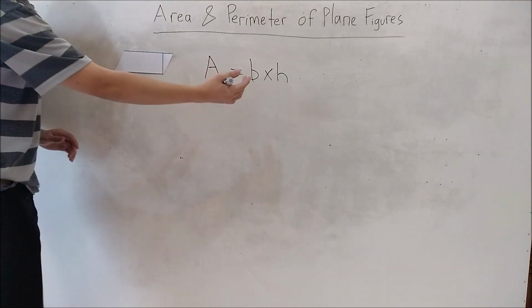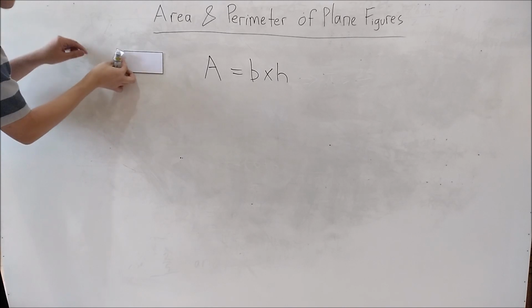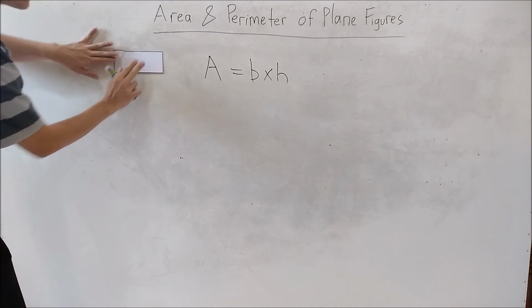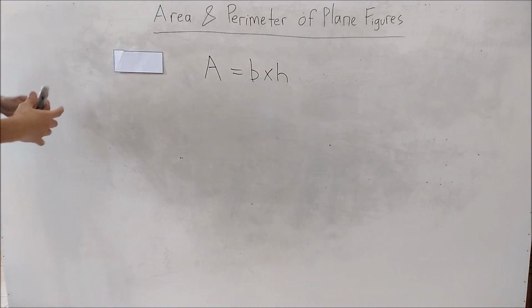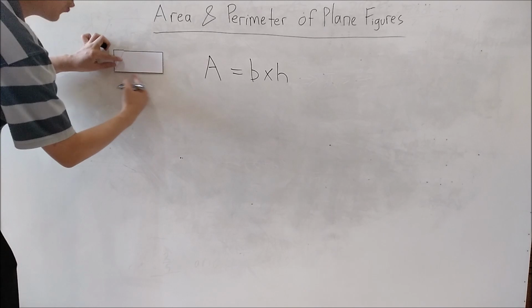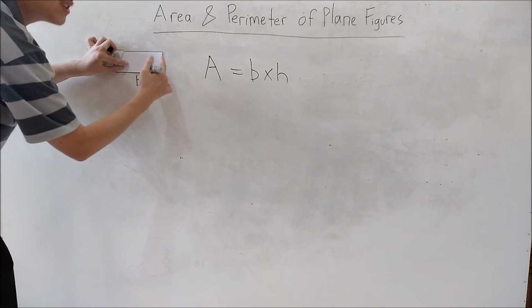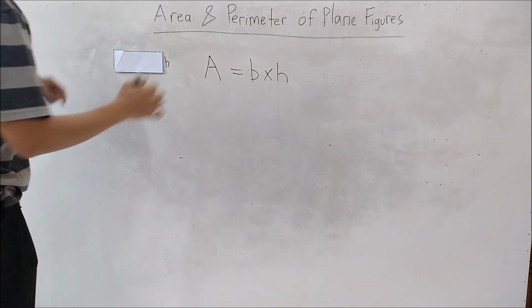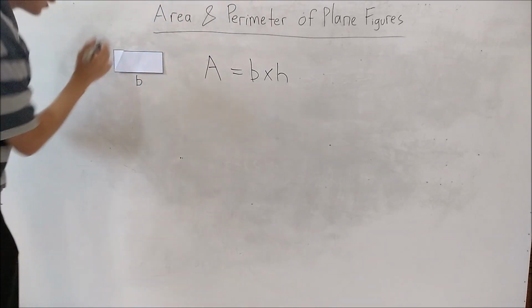Why is it base times height? Let's get back when it is still in a rectangle form. When it is in a rectangle form, we know that the area of a rectangle is length times breadth. But in this case, we are going to change the word length into base and the word breadth into height. I should put the height here.